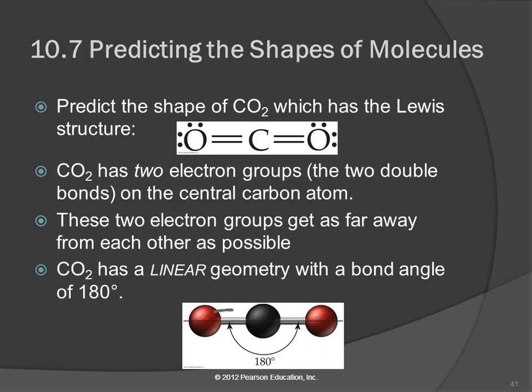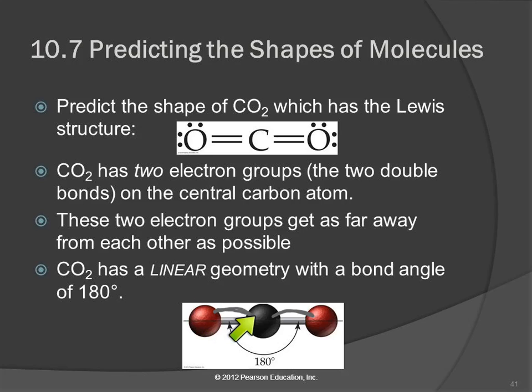Really, there's a second bond there, right? So we had those two gray sticks. Can those gray sticks get away from each other? No, because they're both attached to the same atom at each end. So a double bond is two bonds, two pairs of electrons, but they're stuck together. And so that's one group.